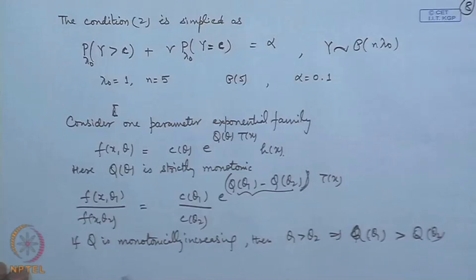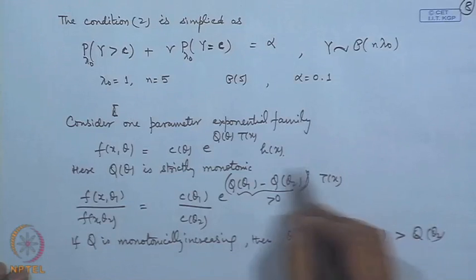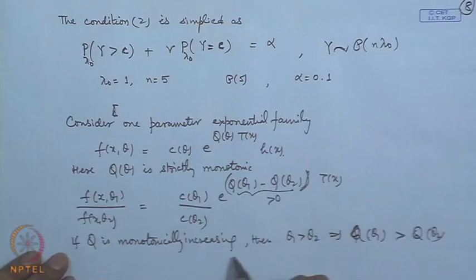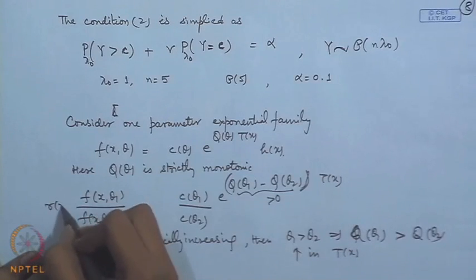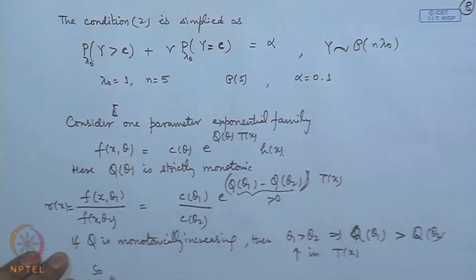That means this term will become positive, and you will have this as an increasing function of T x. So, this ratio becomes an increasing function of T x. So, the family f x theta will have monotone likelihood ratio in T x.